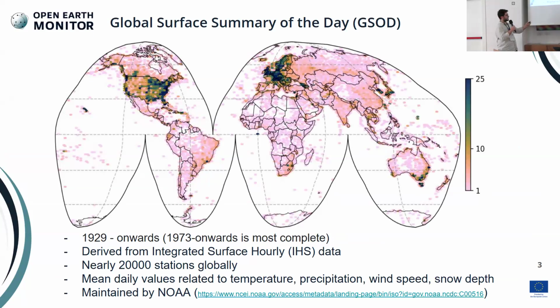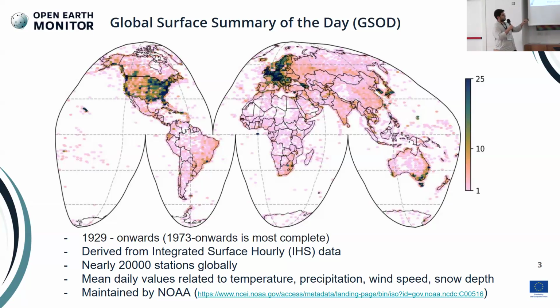It is produced from the hourly Integrated Surface Hourly data set, also distributed by NOAA. The data is distributed from 1930 onward, but from 1973 onward it is more proper and complete in terms of gaps.